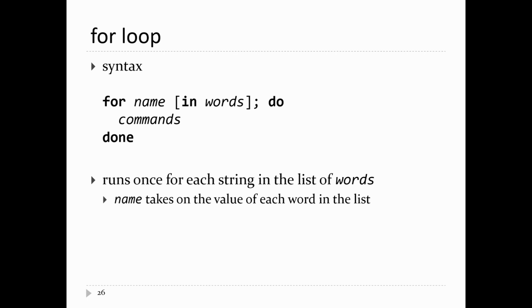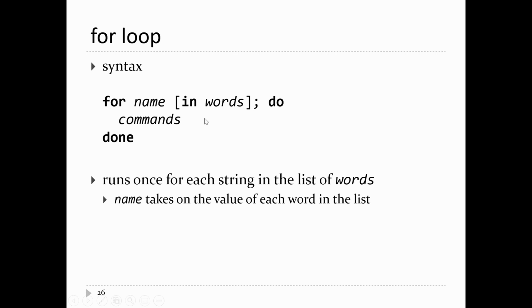Now the for loop. Like I said, there's 2 versions of the for loop. This is the for each version. This is Bash's version of what you guys learned a Python loop to be. So the syntax is for some variable name in some list of words, do some commands.